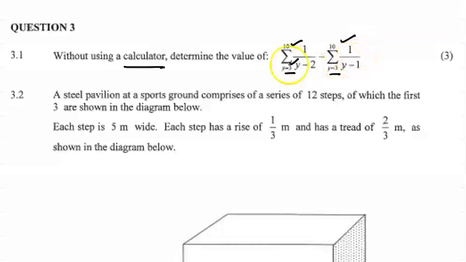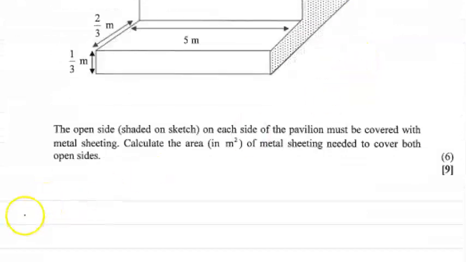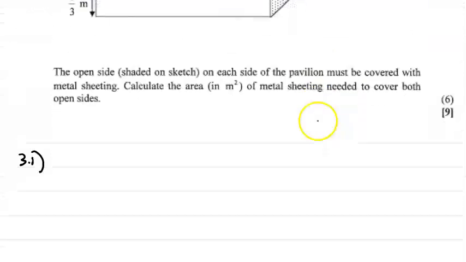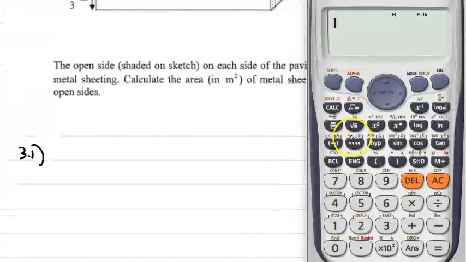So what I'm going to do is write out the sum of these two series. For 3.1, let's expand the series 1 over y minus 2.